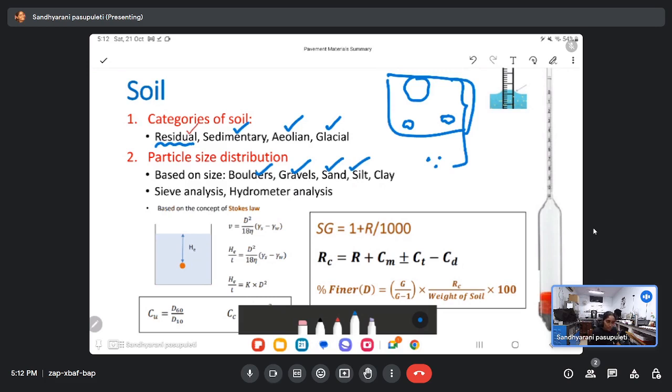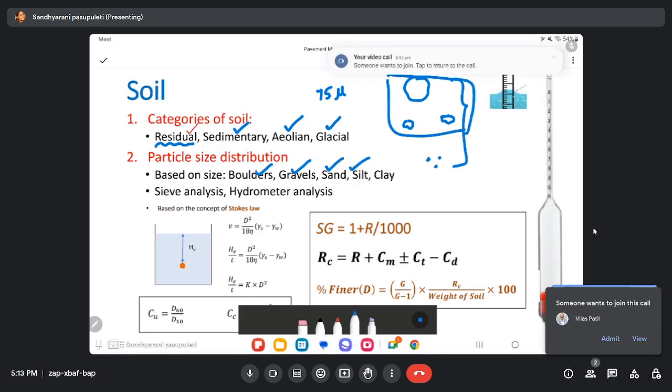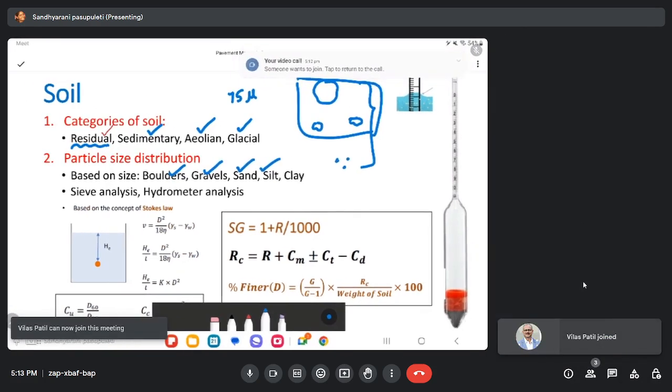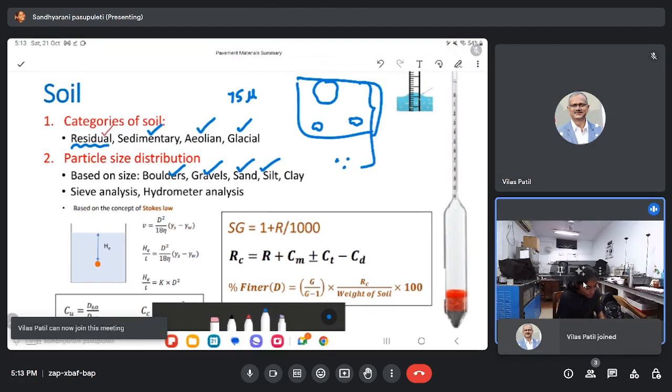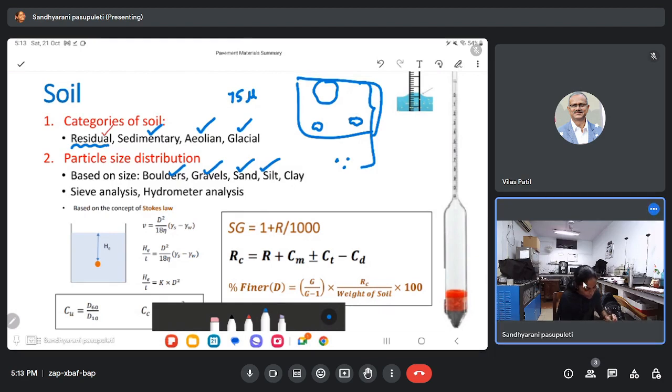For example, those soils which are fine in nature, let us say whose size is less than 75 micron, actually stick to each other. Even if you try to sieve them, those particles are not separated; they would either stick to each other or stick to the surface of the sieve.